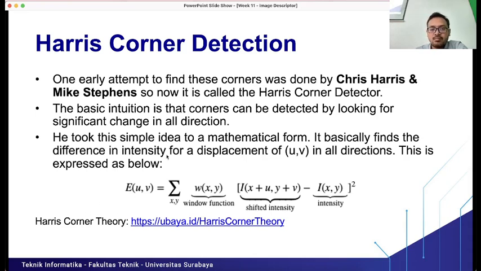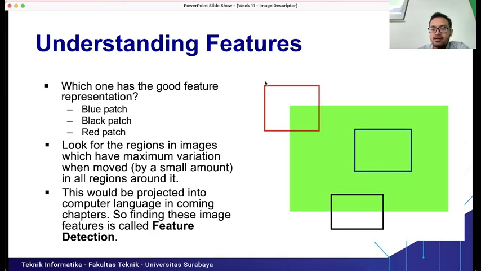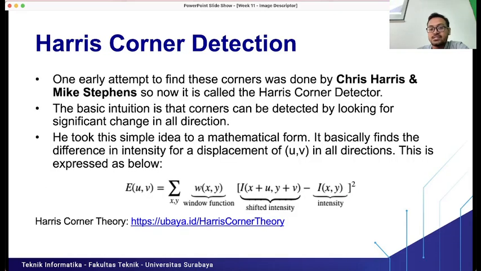One early attempt to find these corners was done by Chris Harris and Mike Stephens, so now it is called the Harris corner detector. The basic intuition is that corners can be detected by looking for significant change in all directions. So it means if we move the area in this rectangle in all directions, it will make a significant pixel value change.